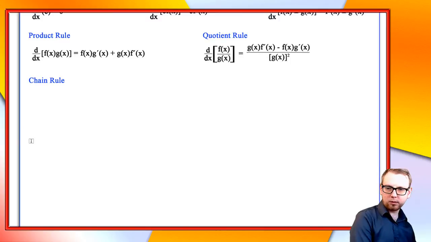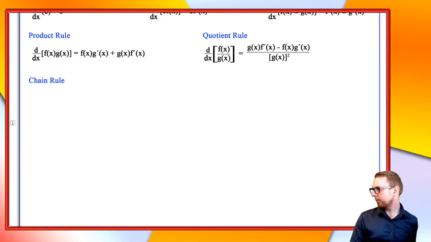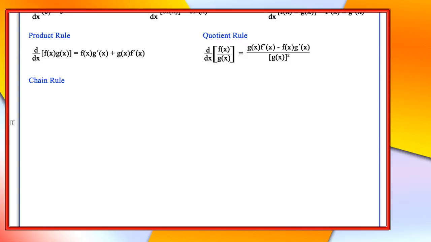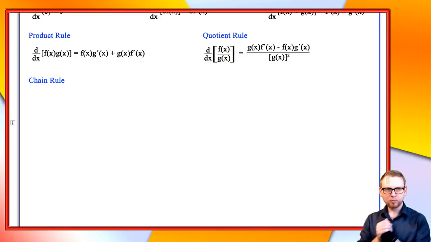What's a good way to write the chain rule?